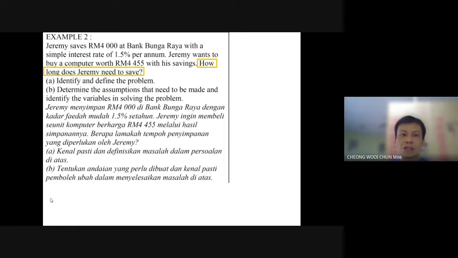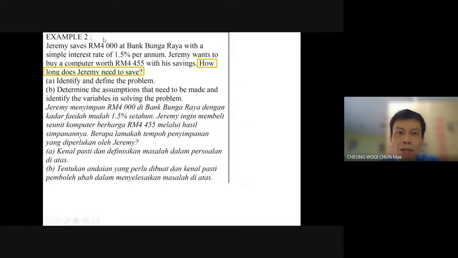Jeremy saved 4,000 ringgit at Bank Bunga Raya with a simple interest rate of 1.5% per annum. That means in 1 year the interest rate is 1.5%. It's simple interest rate. Jeremy wants to buy a computer worth 4,455.